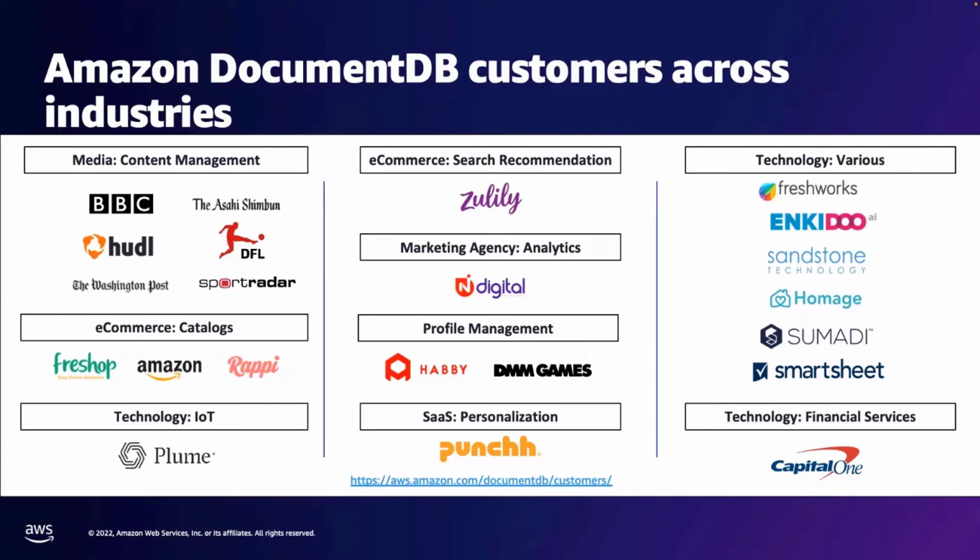In addition, several products that Amazon customers use, such as Fulfillment by Amazon and Experience on Amazon, are powered by Amazon DocumentDB. We have customers in virtually every industry, from financial services to retail, from gaming to manufacturing, from media and entertainment to publishing, and more.